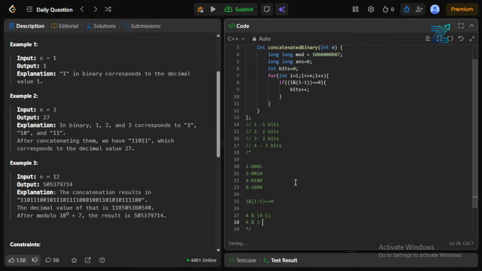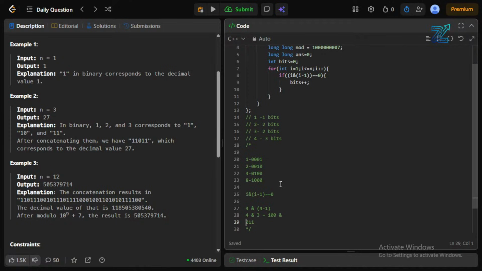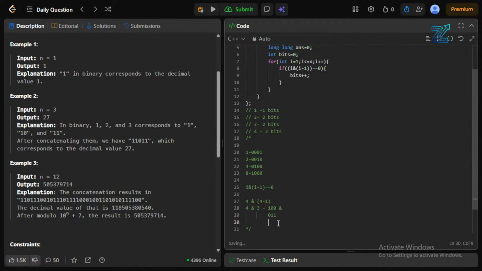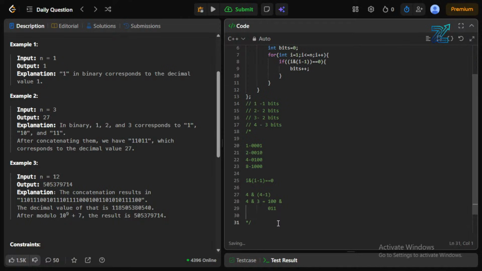What is the binary representation of 4? That is 1, 0, 0. Then in between we are doing AND here, right? Then what is the binary representation of 3? That is 0, 1, 1, right? So if we do the AND operator between them, what will we get as the answer? 0 and 1, what we will get? 0, because in the AND operator it is true only if both the inputs are 1, right?